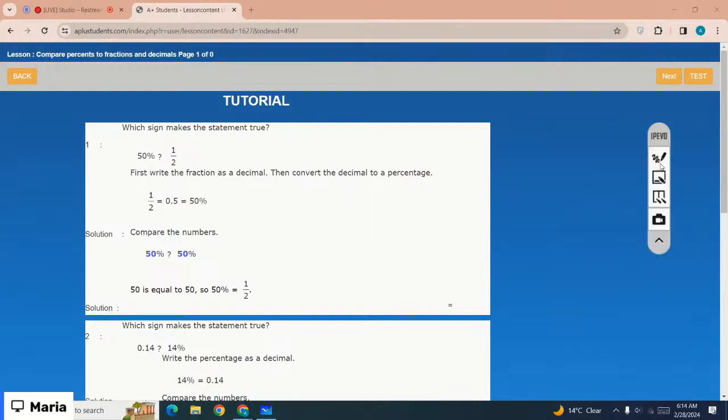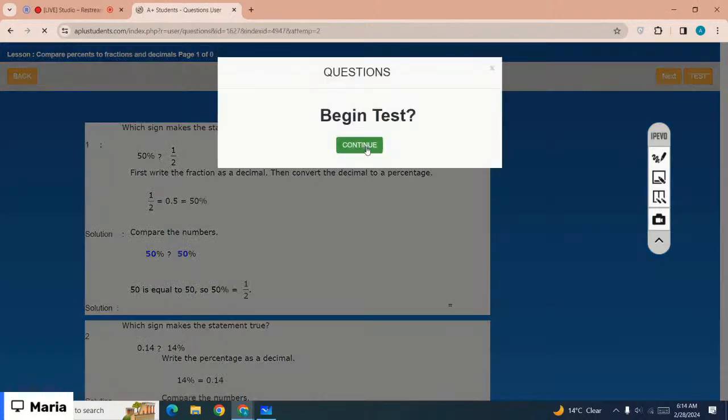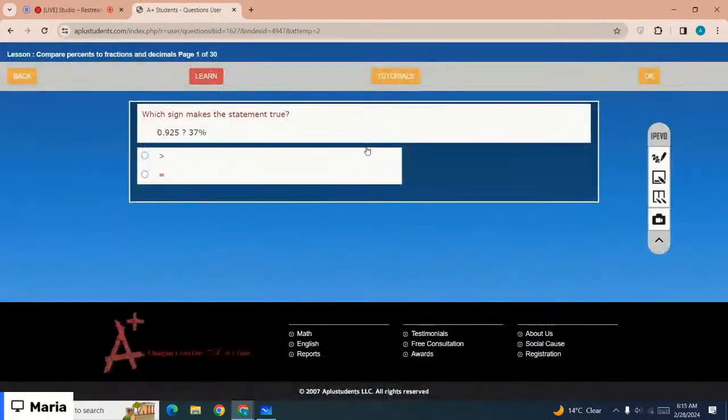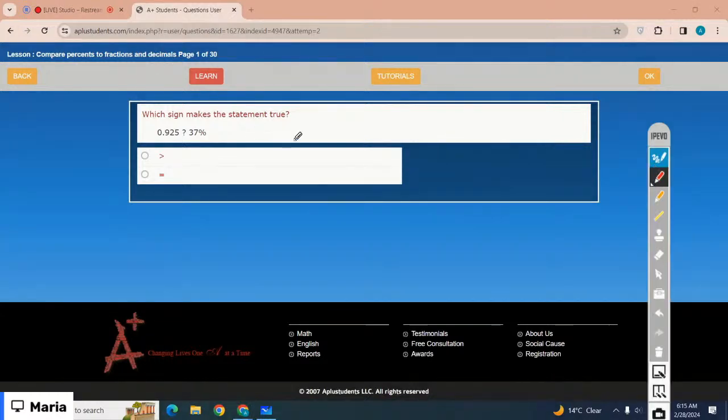Let's just start with the test question. Which sign makes the statement true? 0.925 and 37%. You cannot compare them unless both are in the same form, right? So you need to convert 0.925 to a percentage.